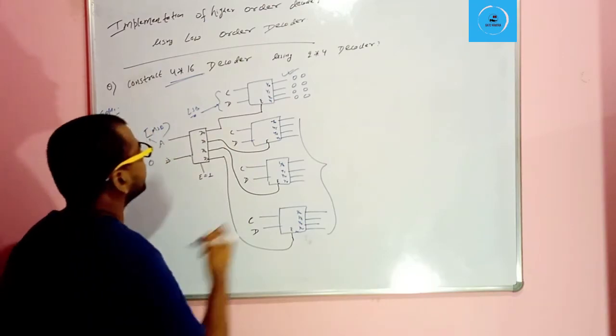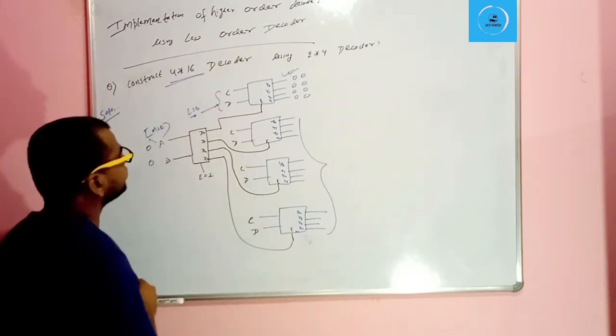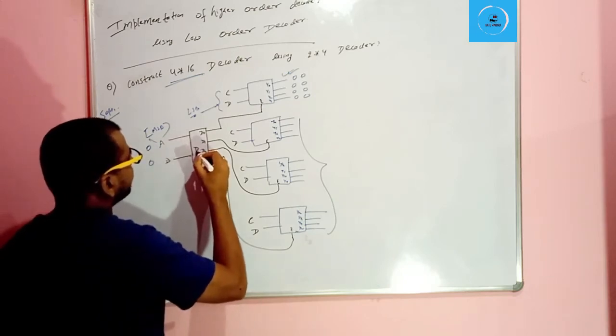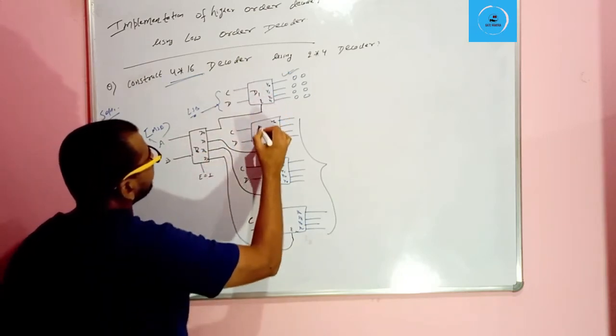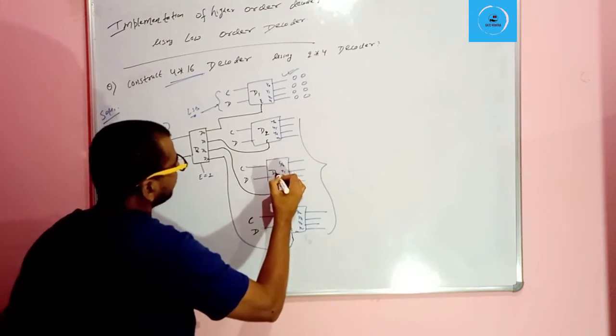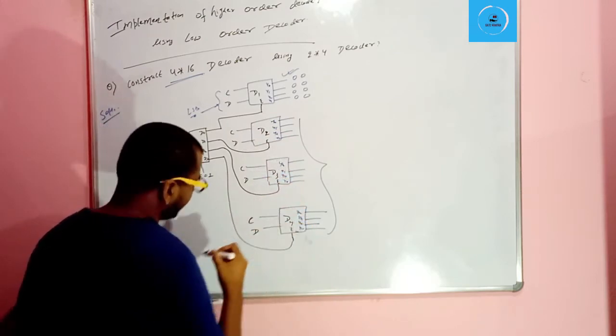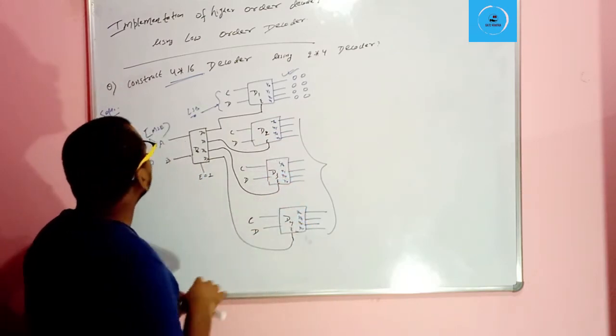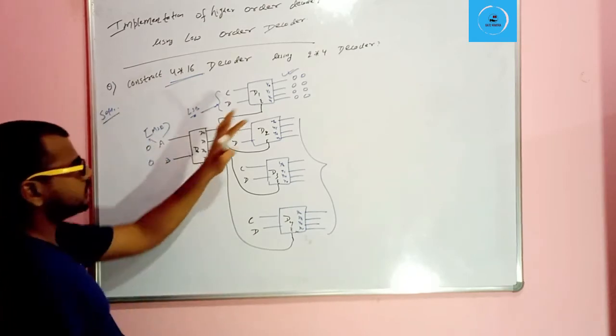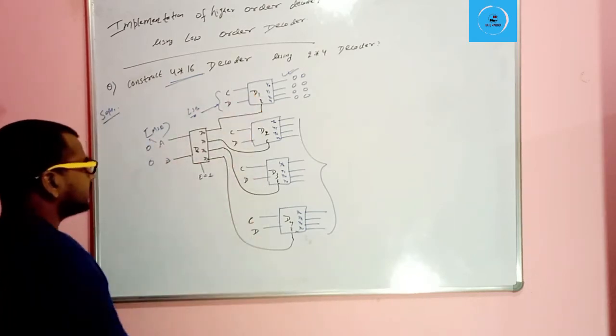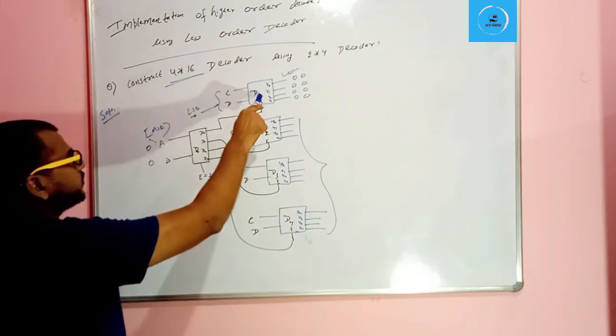Let's write the names here: this is D0, this is D1, D2, D3, and D4. For AB equal to 0, 0, this D1 will be selected. Why will this D1 be selected?